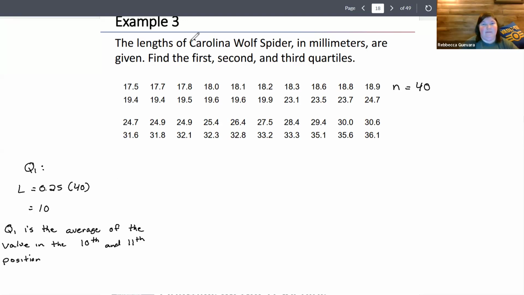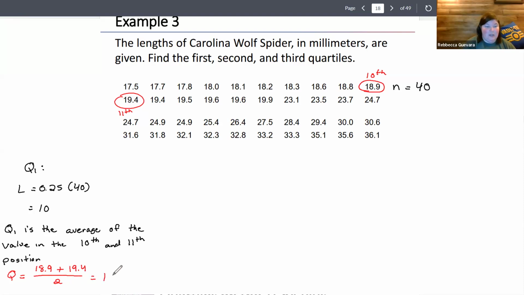So this is 1, 2, 3, 4, 5, 6, 7, 8, 9, 10. So this is my 10th position, and this is my 11th position. If I want my Q1, it's just going to be the average of those two numbers in those positions. In the 10th position, we have 18.9 millimeters for that spider, and the 11th is 19.4 millimeters for that spider.